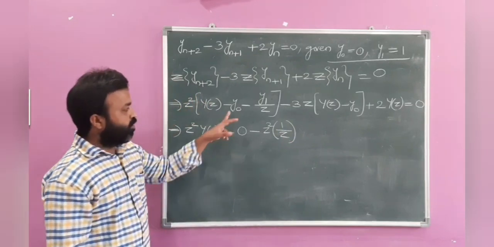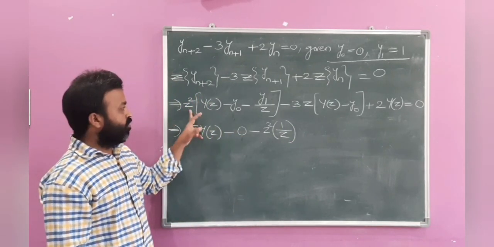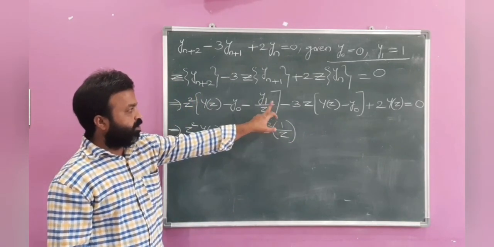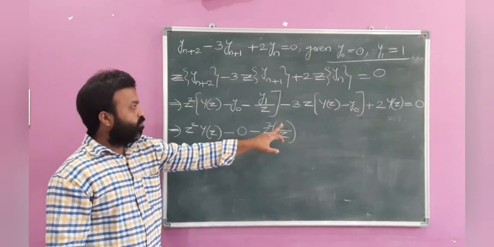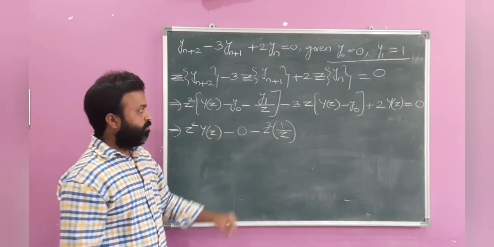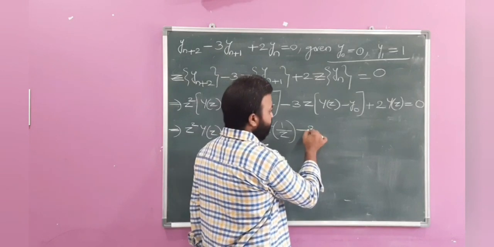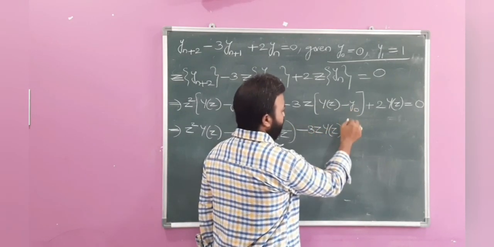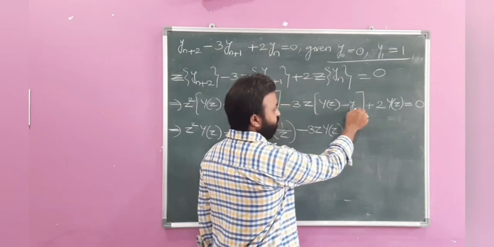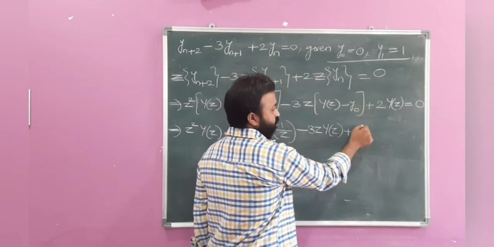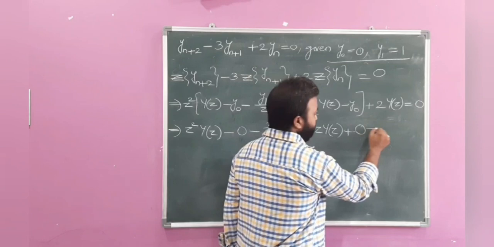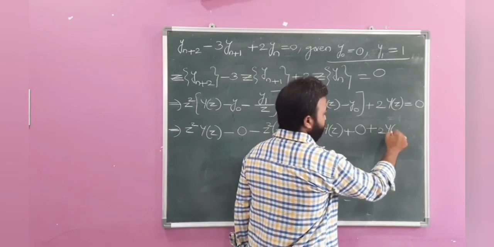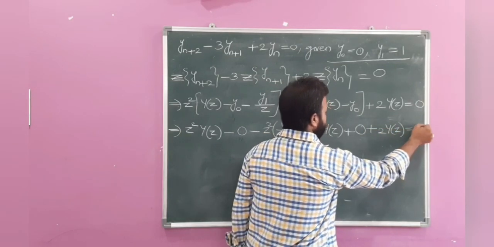Okay? So substituting y0 is 0, 0 into z square is 0, and the y1 value is given as 1. So 1 by z into z square, minus 3z into Y(z) plus 3z into y0, y0 is given as 0, so this is 0, plus 2 into Y(z) equal to 0.